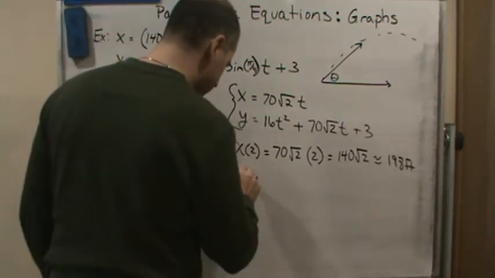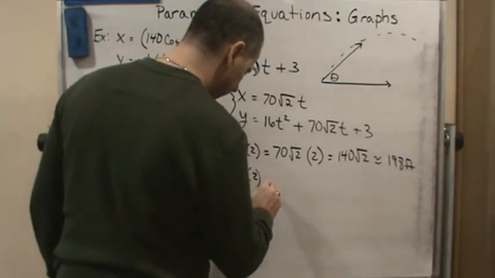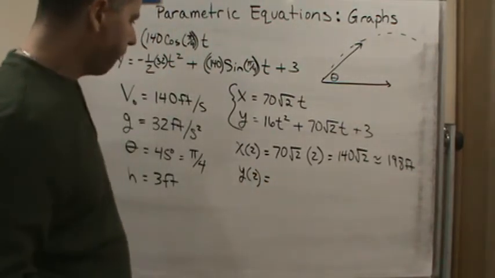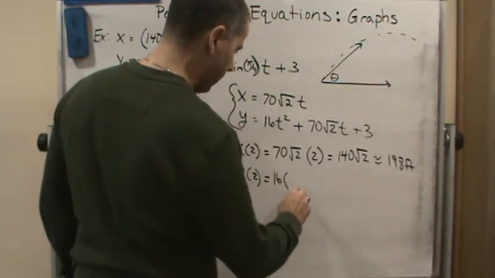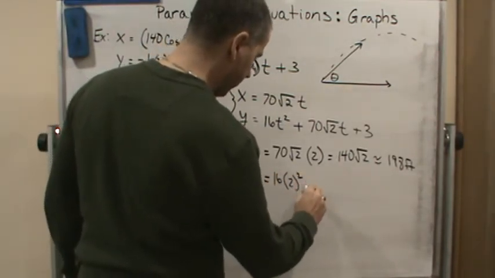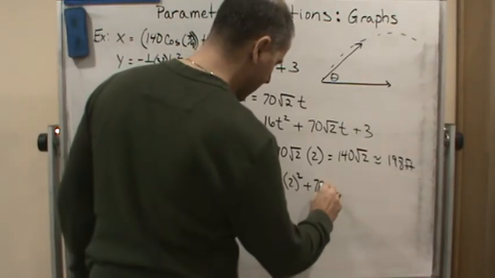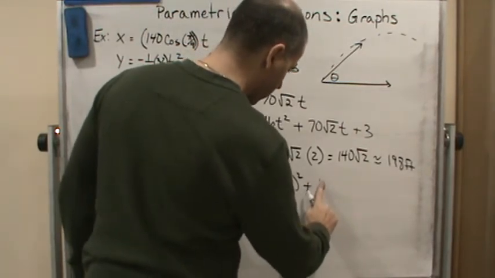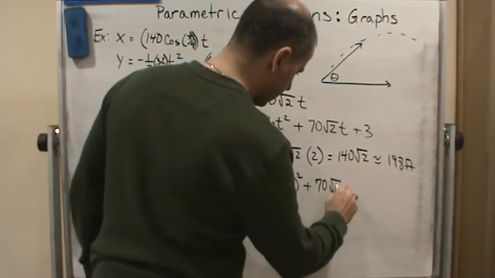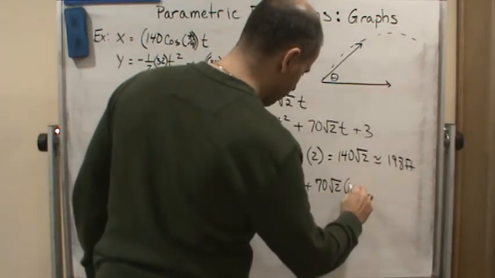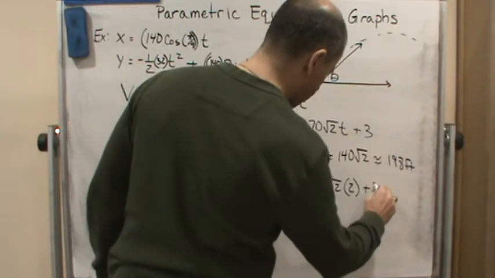Now what about y sub 2? Okay. So y sub 2 is going to be 16 times 2 squared plus 70. Oh, well, okay, I'm just going to. So 70 times the square root of 2 times 2 plus 3.